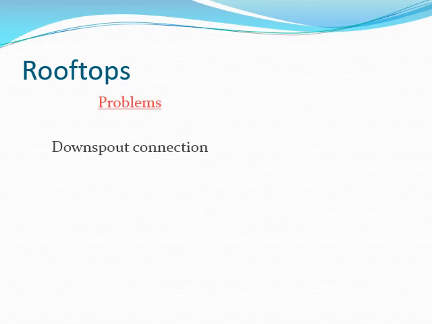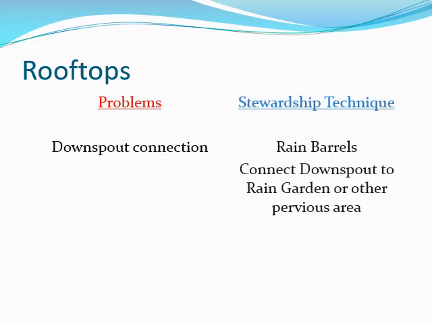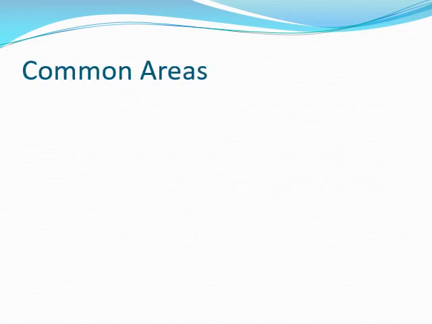For rooftops, again, if you've got a lot of your downspouts that are going to hard surfaces or the street, you want to maybe consider rain barrels, or maybe you consider connecting your downspouts to rain gardens or other pervious area. We call that downspout redirection. So if that's a trend in your community, you might think, maybe I want to do a downspout redirection or a rain barrel program in my community.